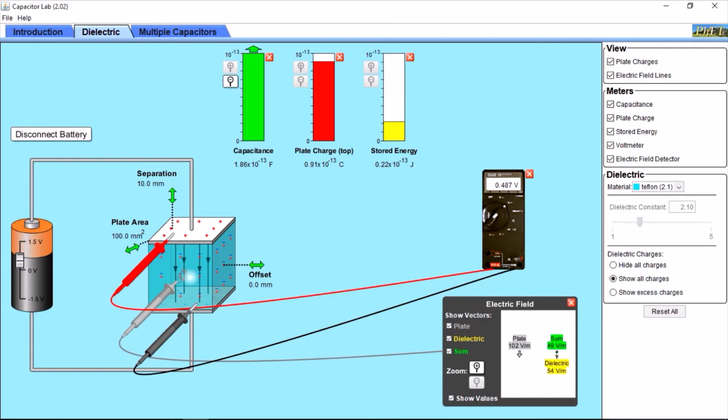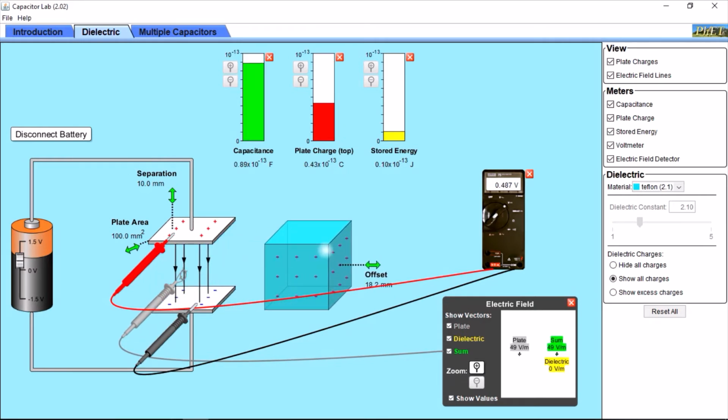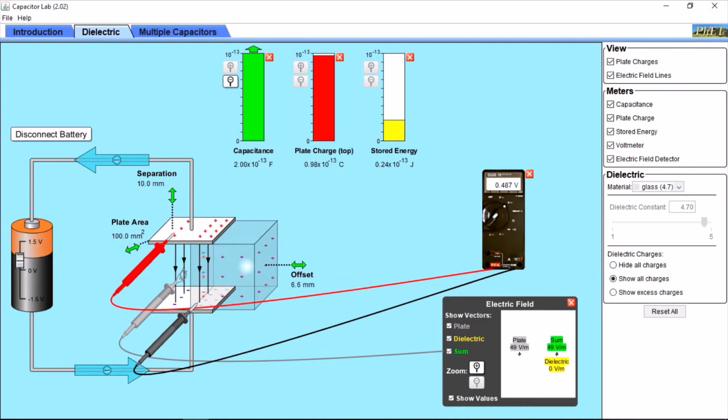Let's try to change the dielectric material, for example, to glass, which has a permittivity dielectric constant of 4.7. Let's see what will happen to the electric field with the same voltage. It's increasing, and the stored energy is increasing.